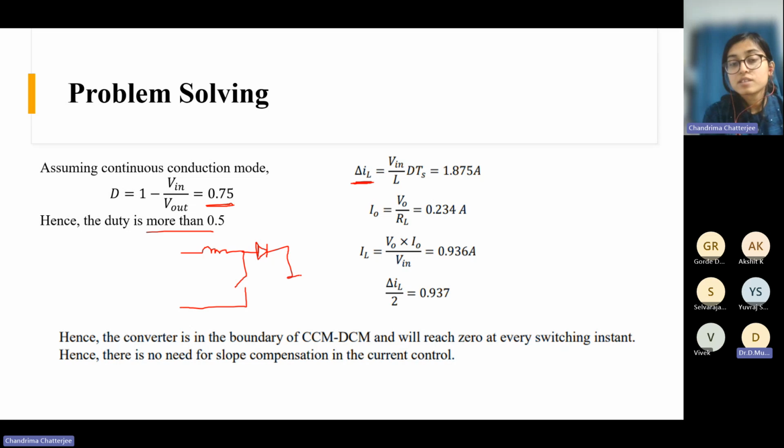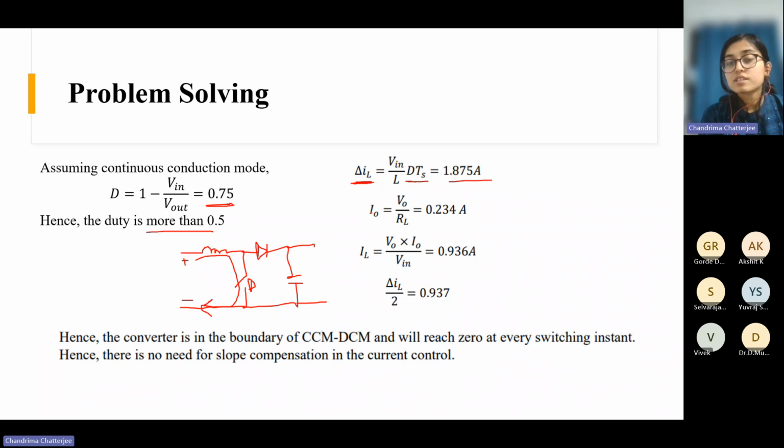Then we have capacitor here, and then we have the load. Okay. So this will be our load terminal. So this is our source voltage V in. The value is given. First, the inductor gets charged through the switch. Okay. So that's why the V in voltage appears across the inductor. The delta IL is V in by L DTS. The duty, this is the duty ratio of the switch. So this is this value.